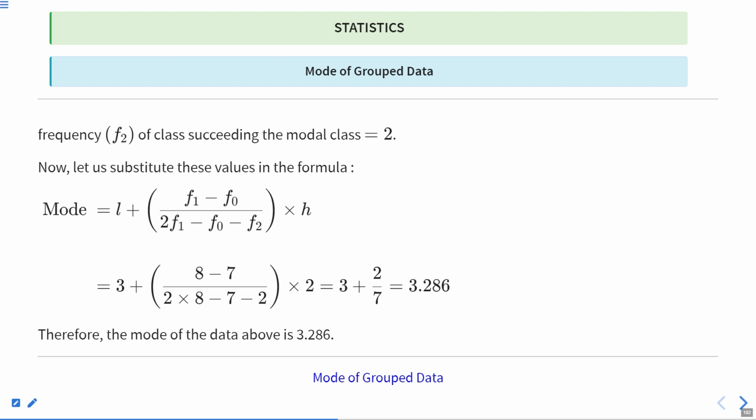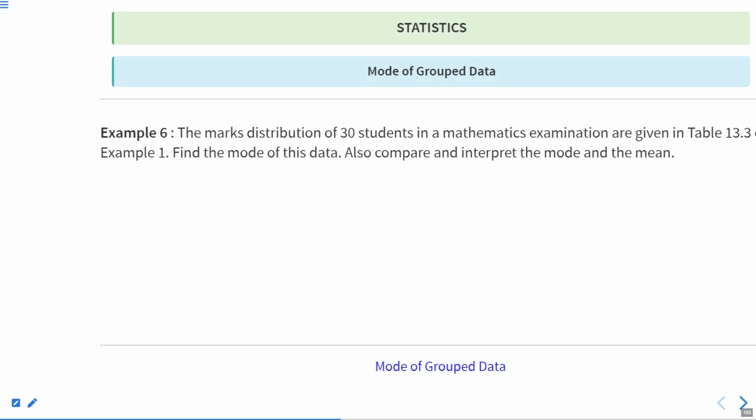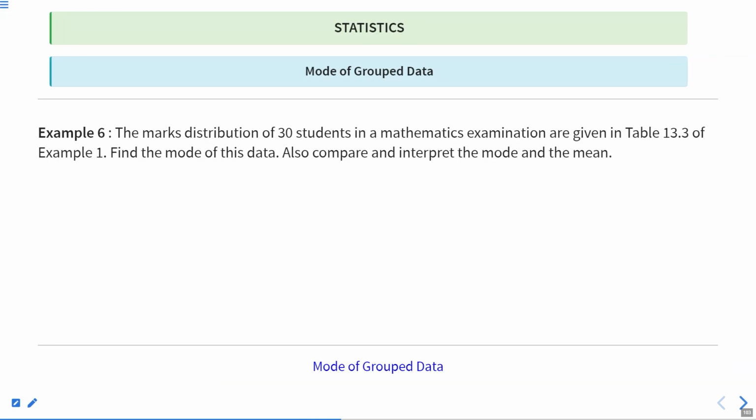If we calculate it, we get 3 plus 2 by 7, which is equal to 3.286. Therefore the mode of the given data is 3.286.